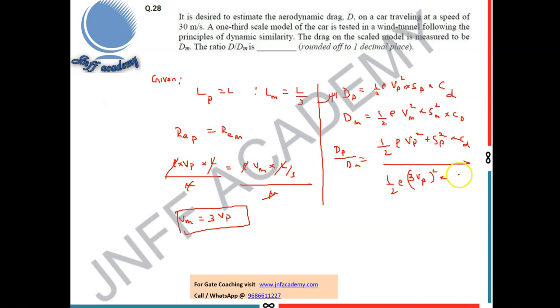So it is Sp divided by 3 the whole square, and then put Cd here. Now if you cancel everything, you will get Dp by Dm is equal to 1. So that's the answer for this question.